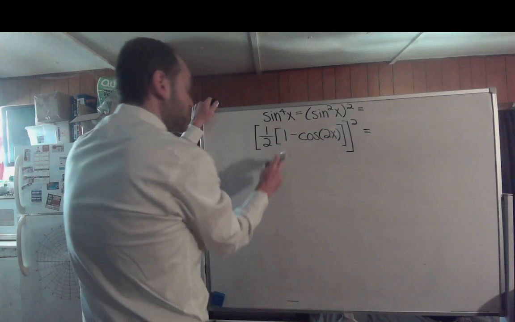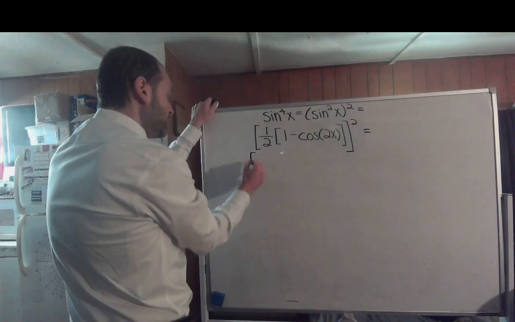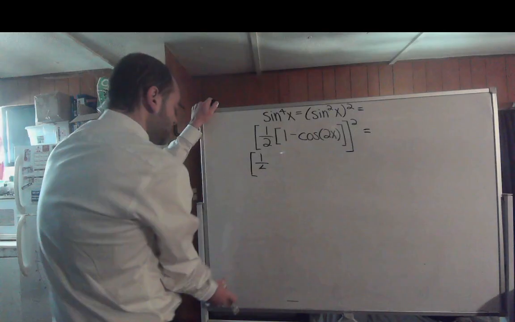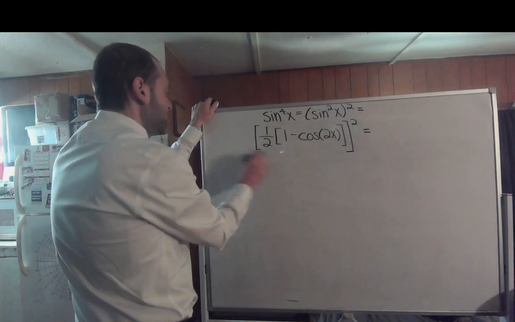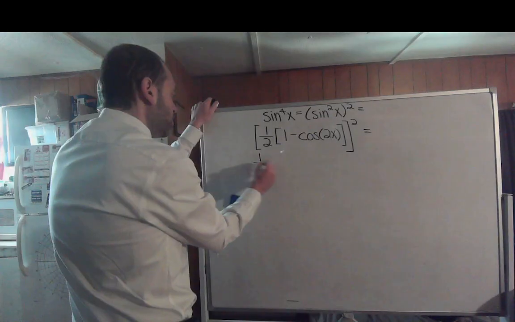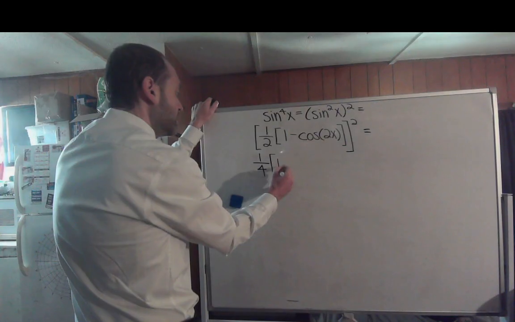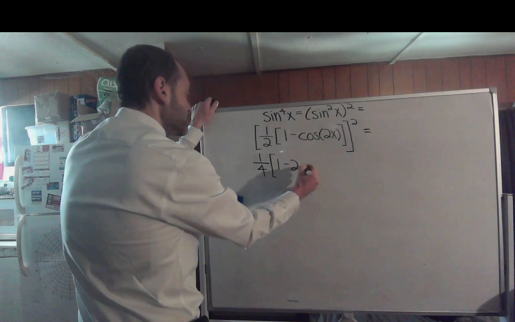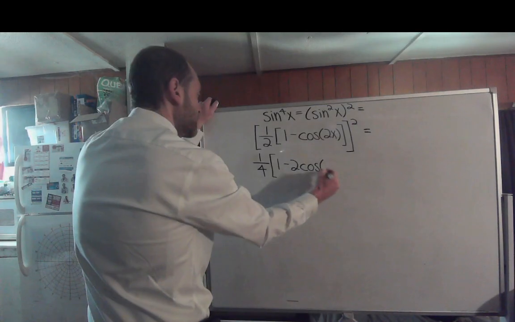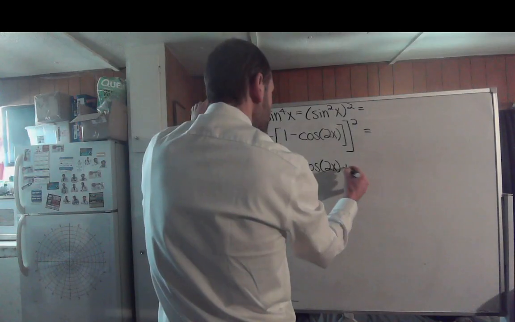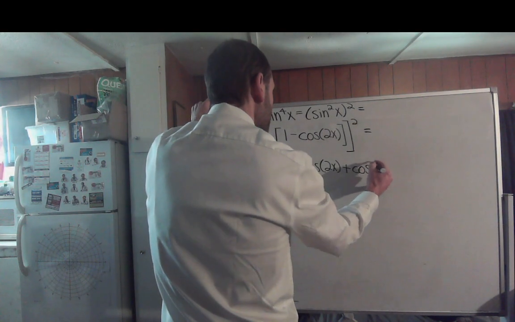Well, let's square this. So you would end up getting 1/4. We don't even need to keep the brackets now. This would end up being 1/4 times the quantity of 1 minus 2 cosine of 2x plus the cosine squared of 2x.